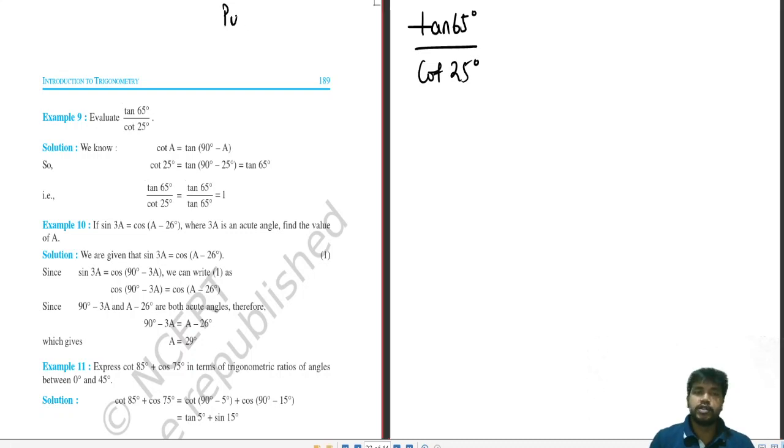Like Pulkit and Monu is the best example. We can take it, Pulkit and Monu. Pulkit is sitting straight and Monu is sitting upside down. We both are opposite to each other. So whenever we are solving trigonometry, we have to look into one thing, that is never reverse both the concepts. If I reverse Pulkit, then Pulkit gets upside down, and if I reverse Monu at the same time, Monu gets straight.